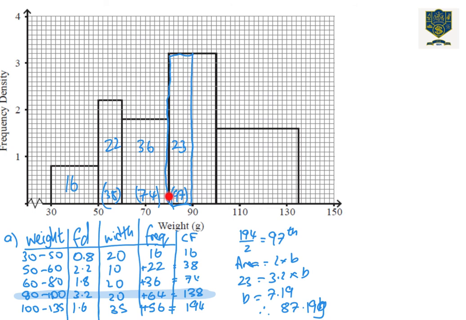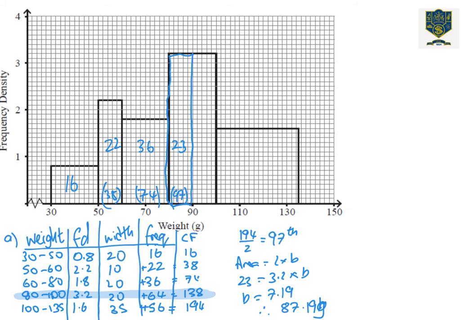And then the area is 23. We know the height is 3.2, so dividing the height into the area gives us 7.19, which means that the upper width of this height is going to be 87.19 grams because it's 7.19 above the 80.